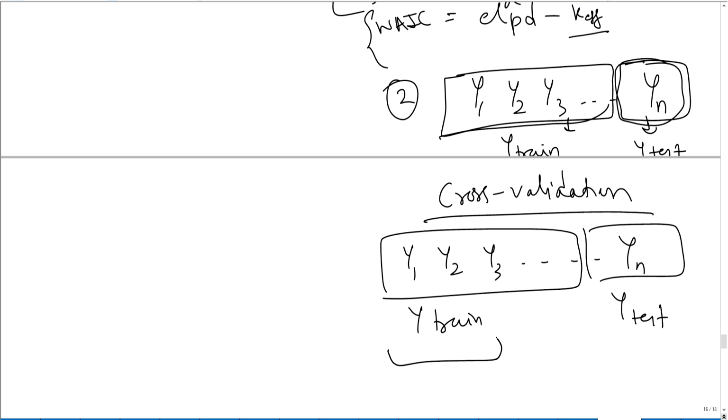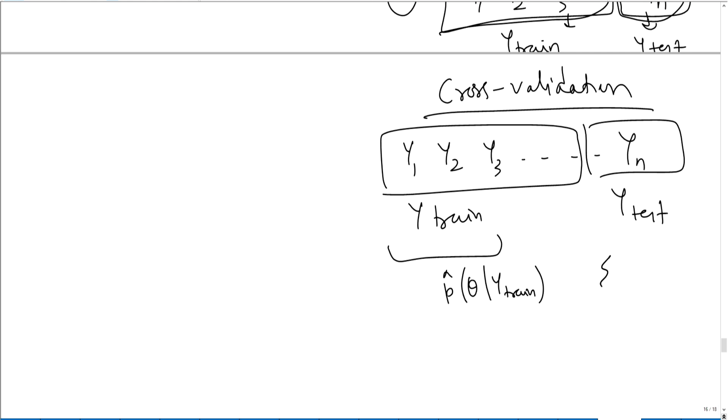Now you train the model on this data, basically estimate the posterior distribution of theta using y train, and compute the ELPD of the model using y test, like this: the log of the likelihood of y test i given theta j.